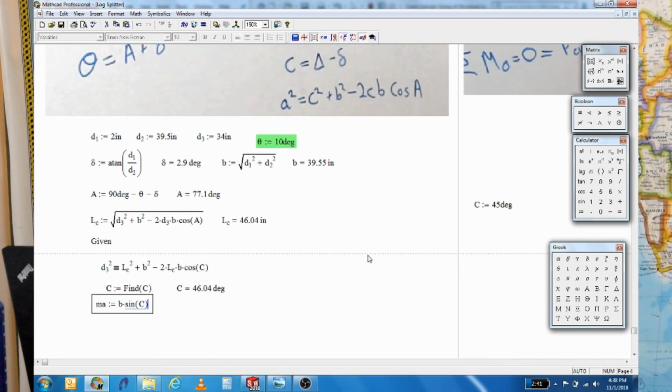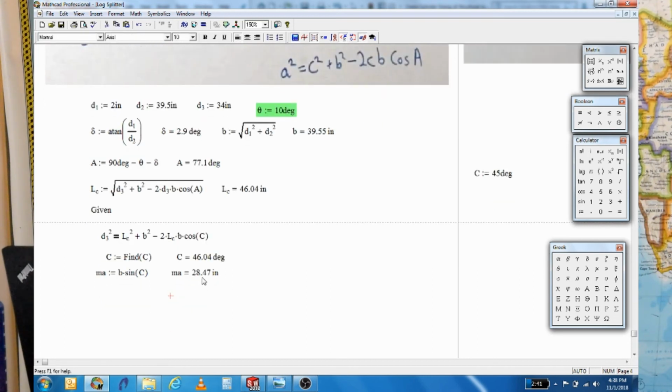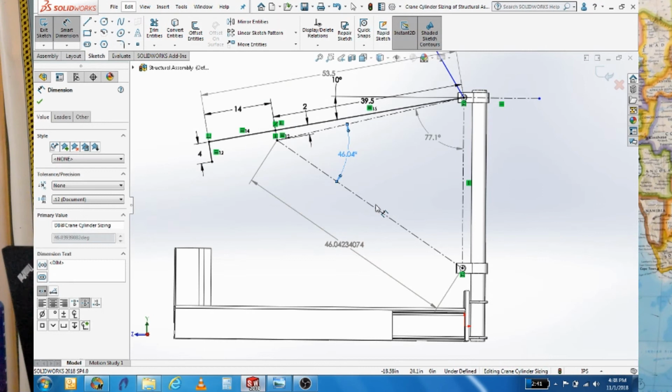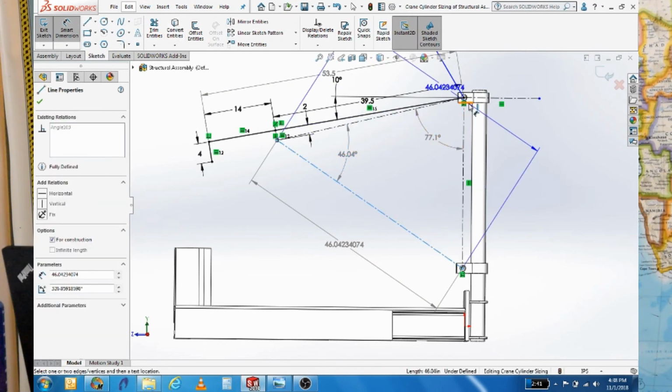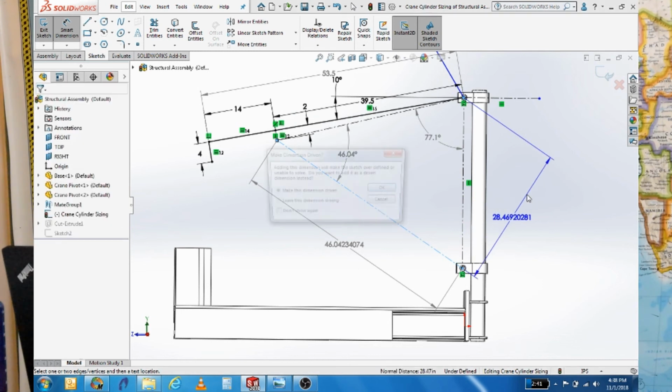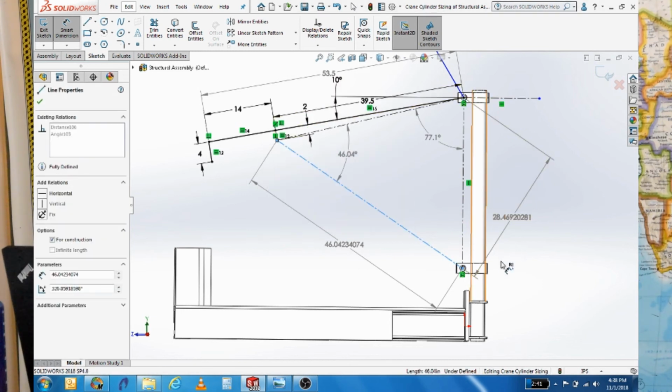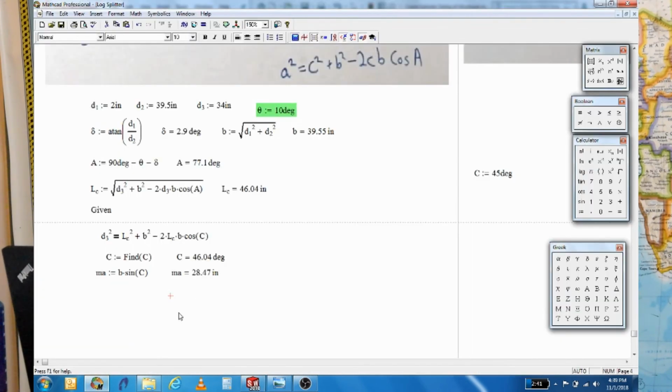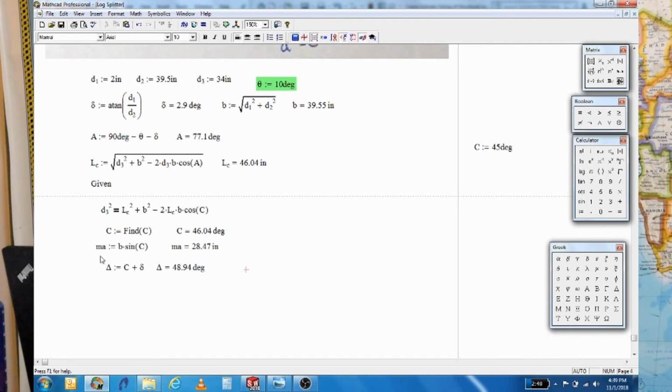And we can check that. And that's 28.47. Let's go to SOLIDWORKS, check that real quick. And that'll be the dimension between here and here. 28.47. Okay.